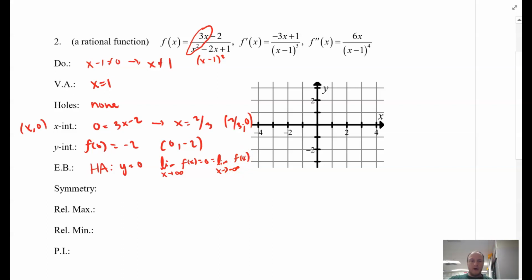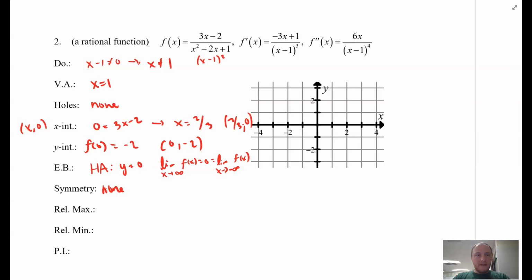Okay, so there's our end behavior. And then symmetry. This function doesn't look like it has any even or odd properties, so there's no symmetry here, none. Okay, so there is our pre-calculus portion.